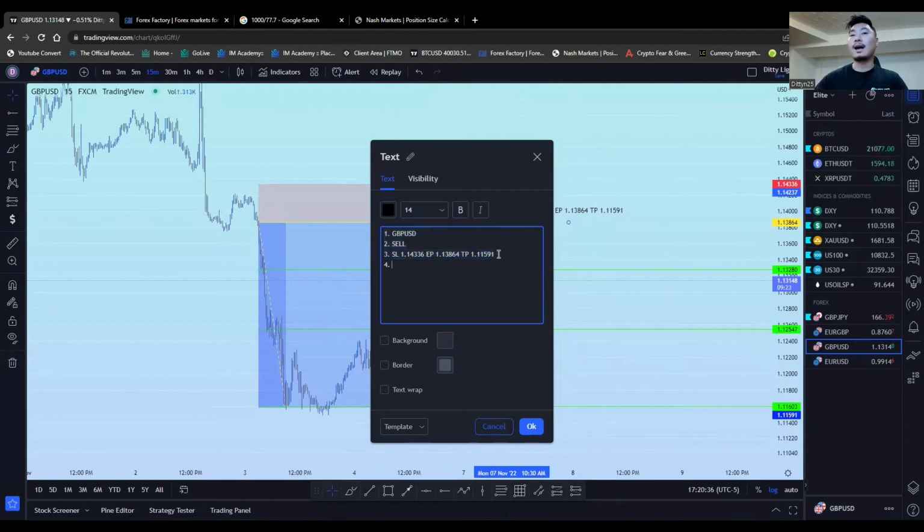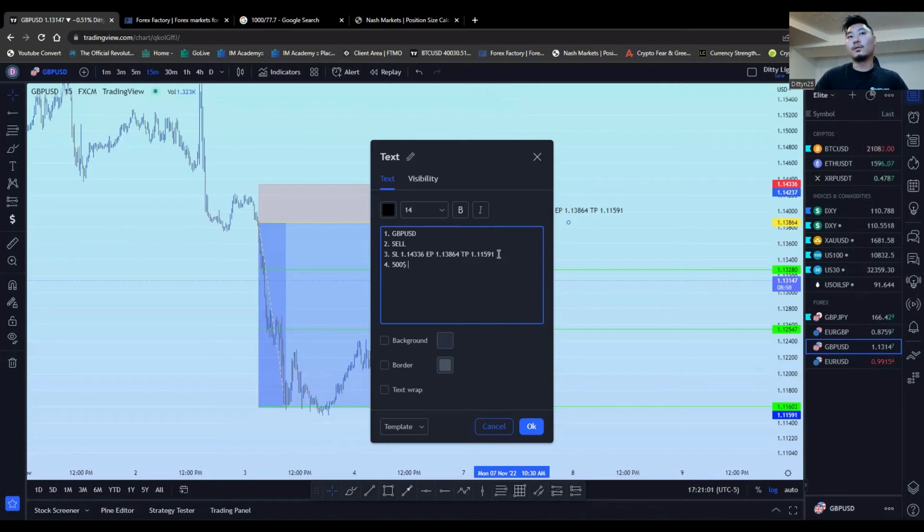So fourth is how much. What's the percentage of your account that you want to risk? For example, if you have a $100,000 account and you want to risk 0.5%, 0.5% of 100K is $500, correct? And also how many pips you are risking.